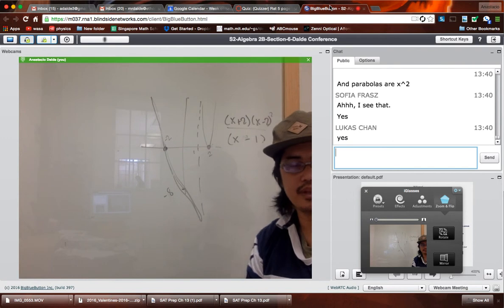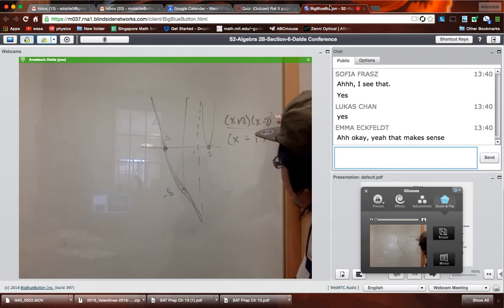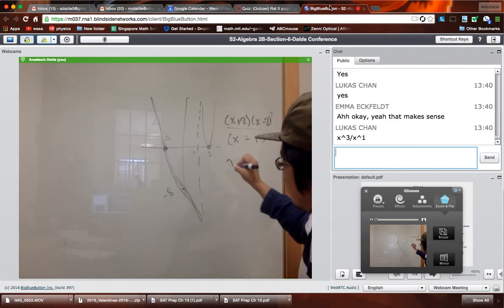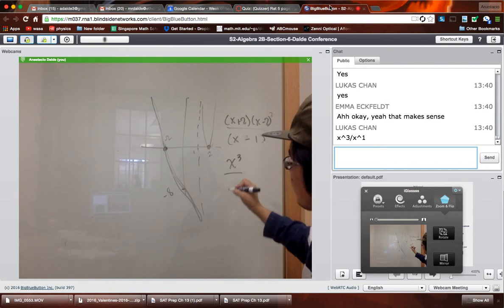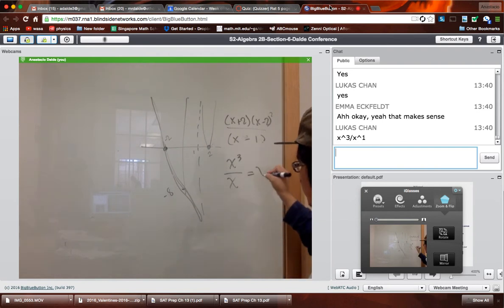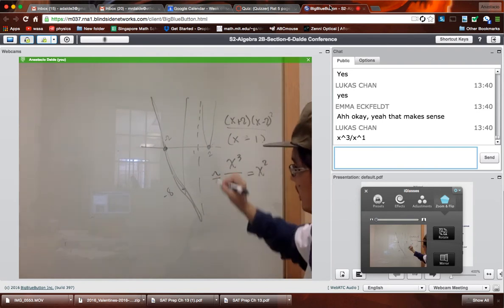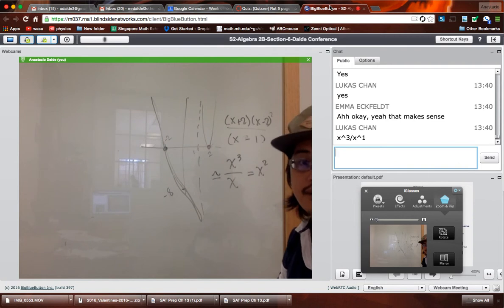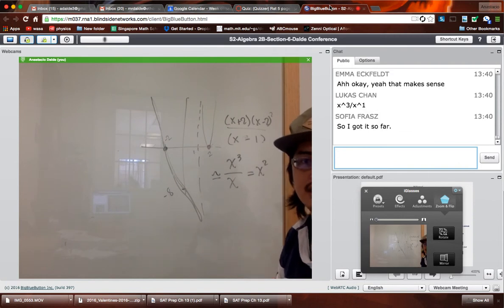All right. But now that I have this square here, that makes the top equivalent to pretty much x cubed, and the bottom pretty much equivalent to just x. Which, if I reduce that, that's just straight up x squared. I should put a squiggly equal sign here because I'm doing my approximation kind of thing.